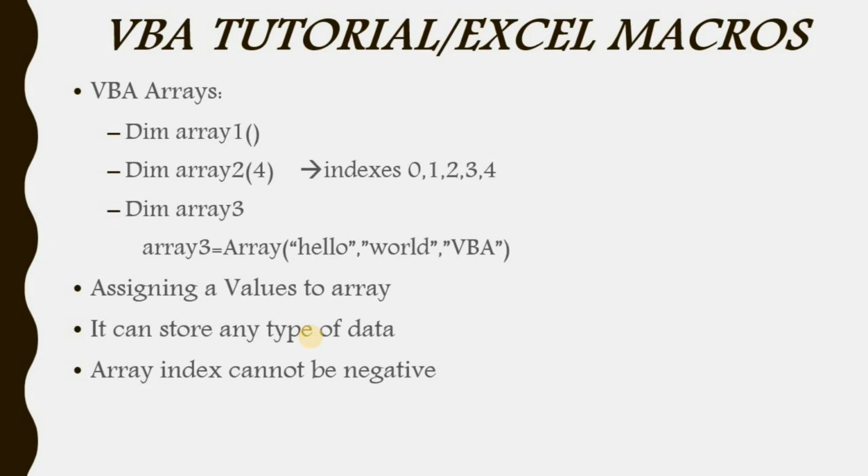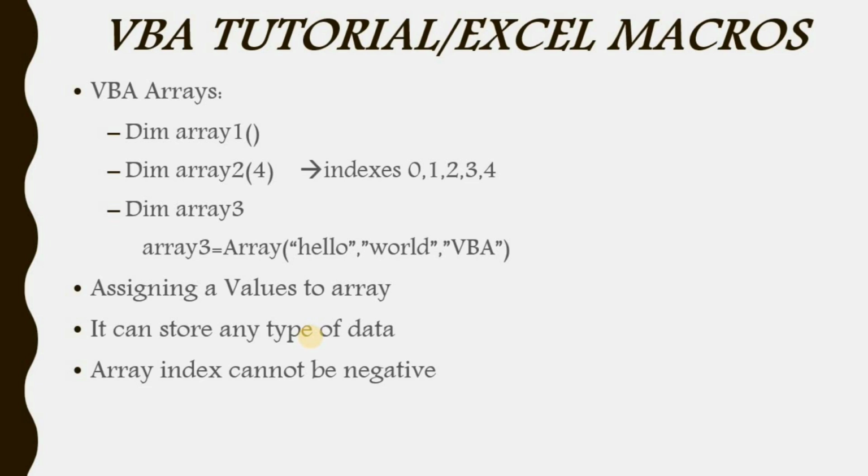If you want to assign a particular value to that index, for example adding an integer to the array at index 0, you can write array(0) equals the integer value. That is all about assigning values. Like that, if you want to assign a string, you can do it equal to some string value. I will show it to you in a couple of minutes with the help of an example.